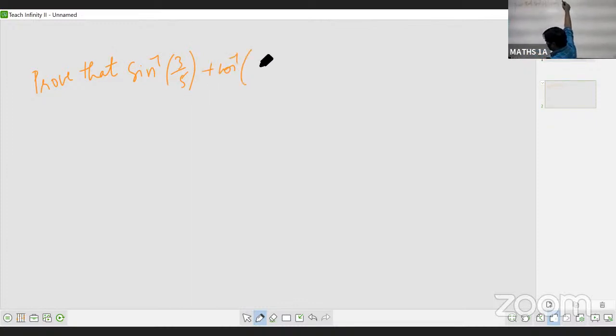Next, prove that sine inverse of 3 by 5 plus cos inverse of 12 by 13 is equal to cos inverse of 33 by 65.